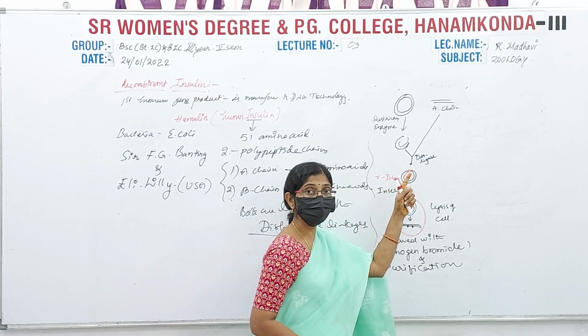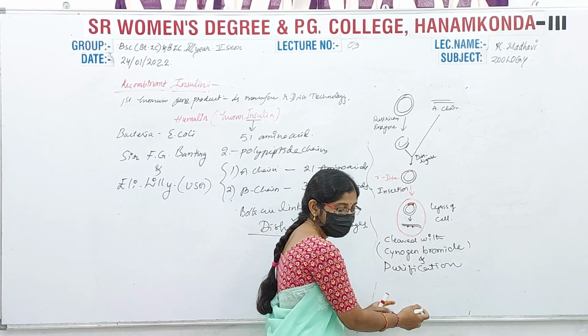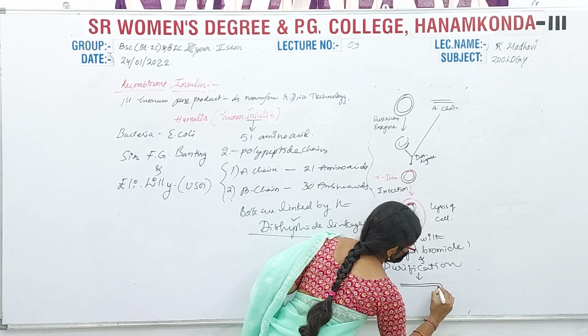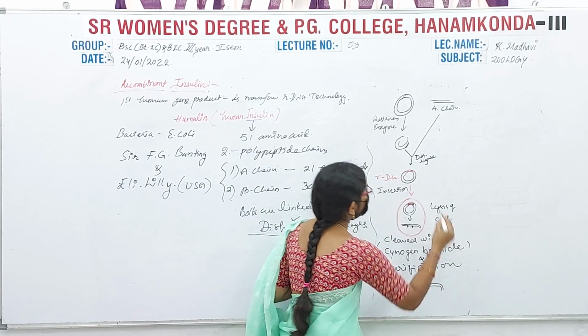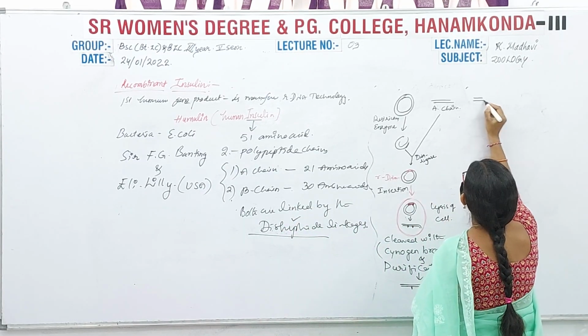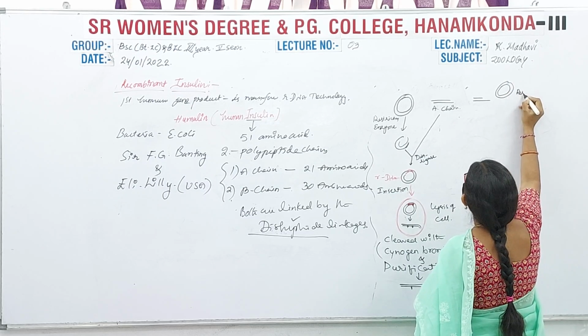Here, whether we use the A chain or B chain, we are getting the A chain here. And next, here another one, also the B chain, and here a restriction enzyme. We use these plasmids.